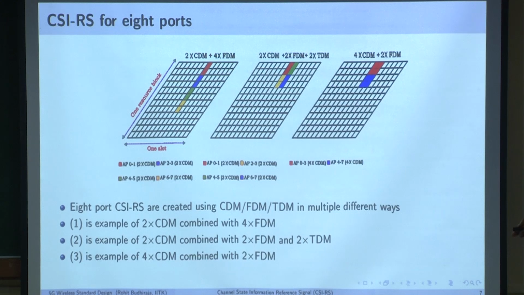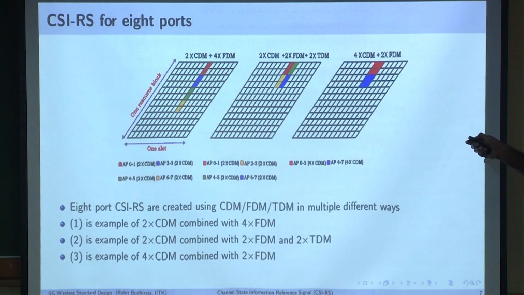So in red you are creating 4 different ports using 4 codes, and then you are replicating them across frequency. Why are you not calling it TDM? Because in the baseline itself, you are using this 4 CDM, which is spread across time itself. So you are not separately using the time axis to orthogonalize the ports.